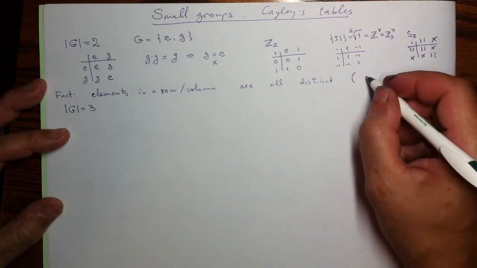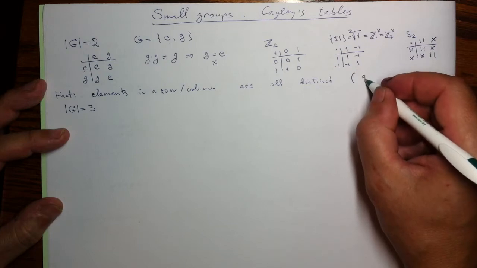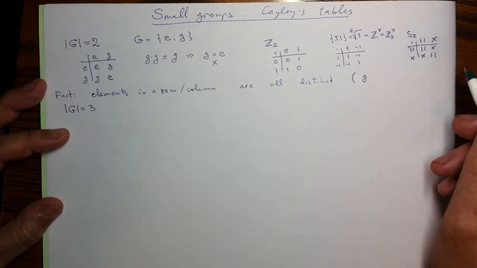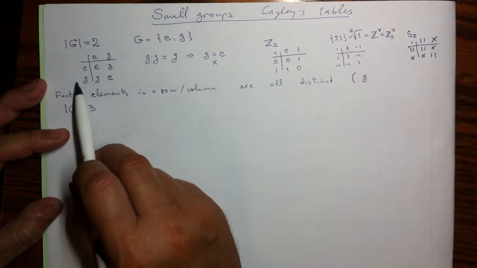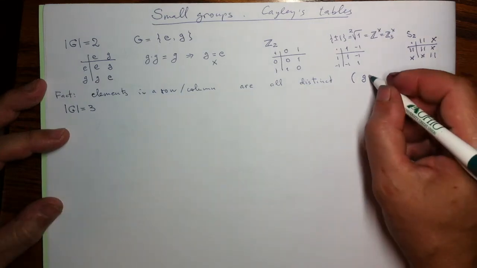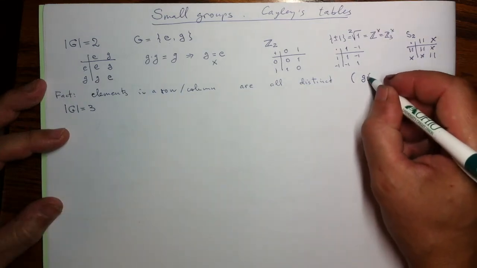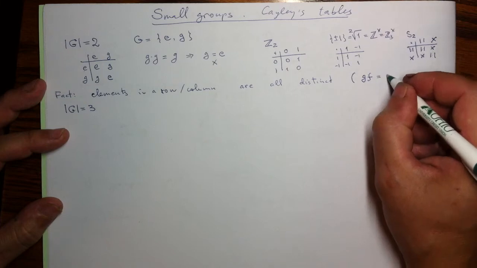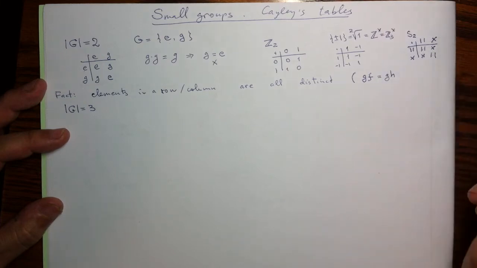Here's a quick proof. Let's assume that they are not different. So what are the elements in a given row, for example? If the row we're looking at is labeled by some element g, then two elements will be products of g with something and then something else.